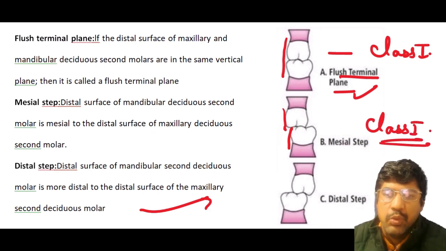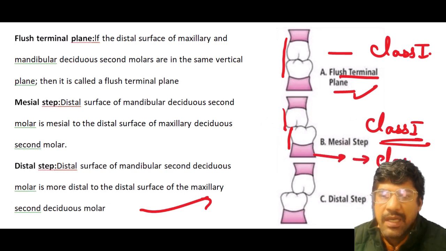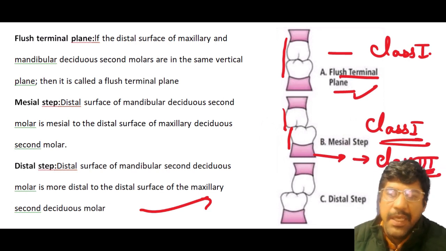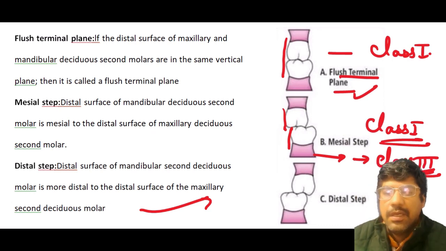That occurs due to the forward growth of the mandible. If the forward growth of the mandible persists, it can lead to a class 3 molar relation. If minimal forward growth of the mandible occurs, it establishes a class 1 relationship.